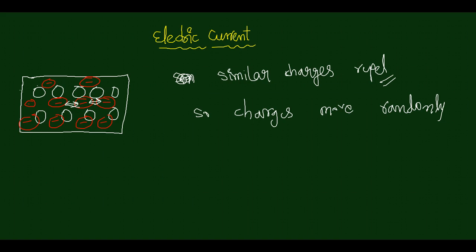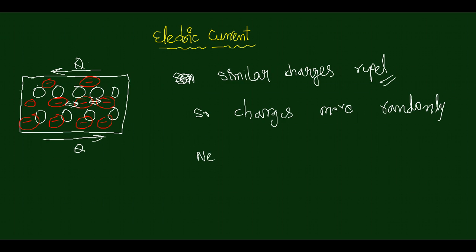Then the direction of the charge moving, if we consider in this direction, some charge will move, and in the opposite direction also the same amount of charge will move.